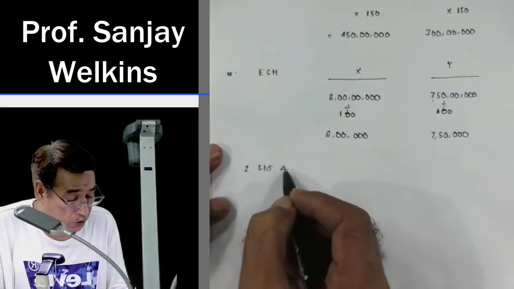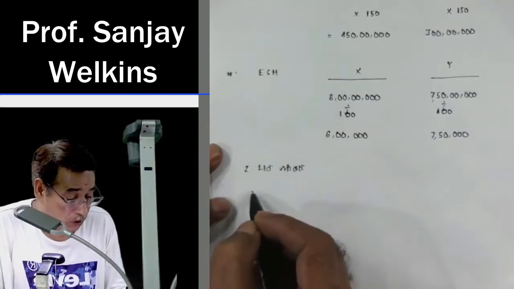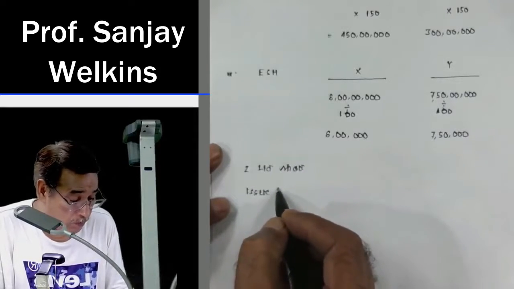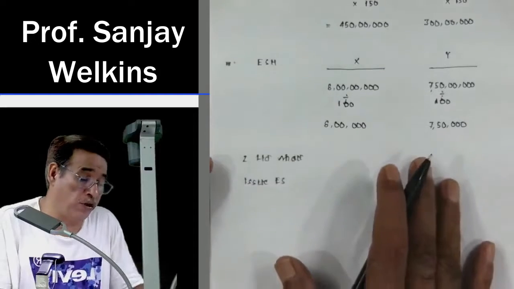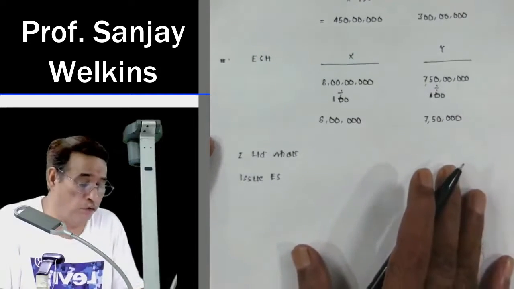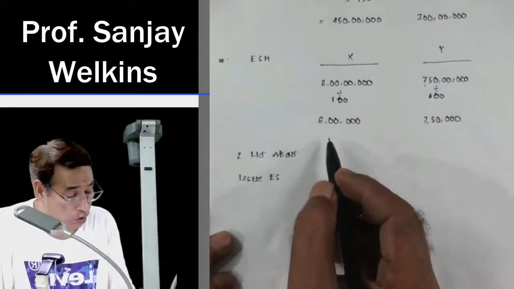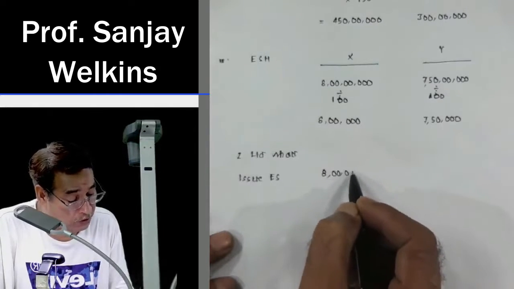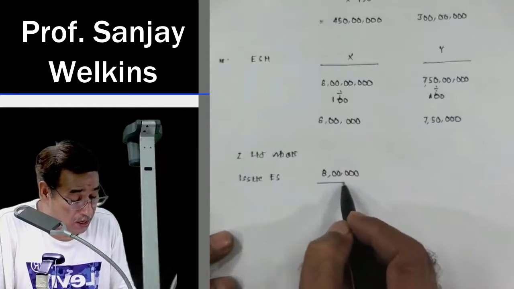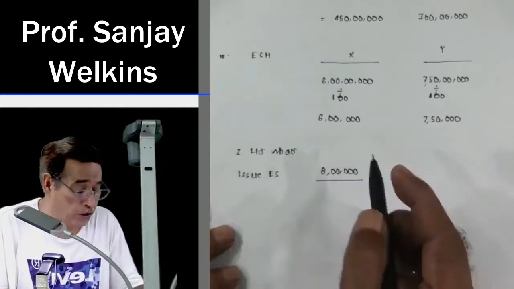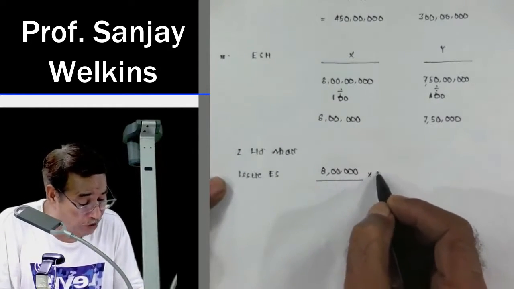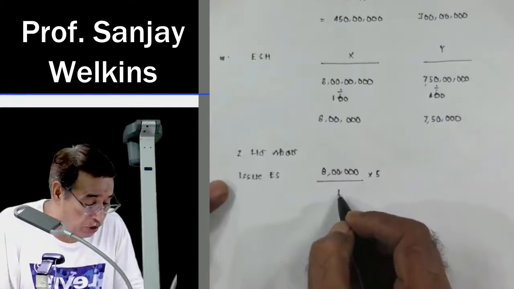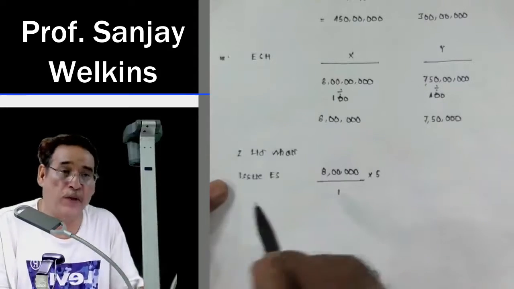Now Z Limited shall issue equity shares. Now the question is how many equity shares we will issue and what will be their worth. Total number of shares of X Limited is 8 lakh as we just computed. And in the question it was written that Z Limited will offer 5 shares for each share of X Limited.